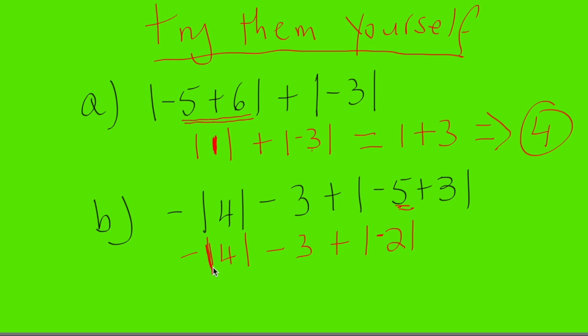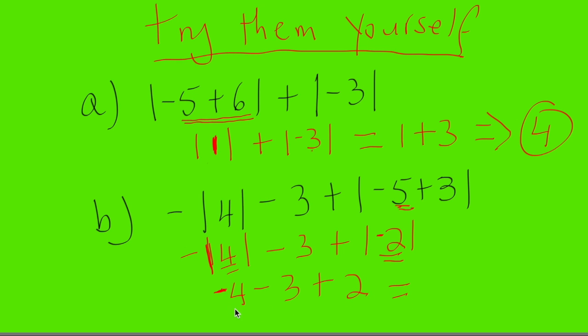So now we have negative absolute value of 4 minus 3 plus absolute value of negative 2. This is a positive number, so absolute value of 4 is 4. Bring down the minus sign. Minus 3 plus absolute value of negative 2. Absolute value of a negative number is always positive, so that's 2.